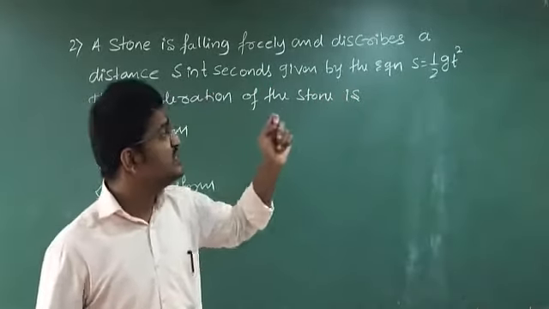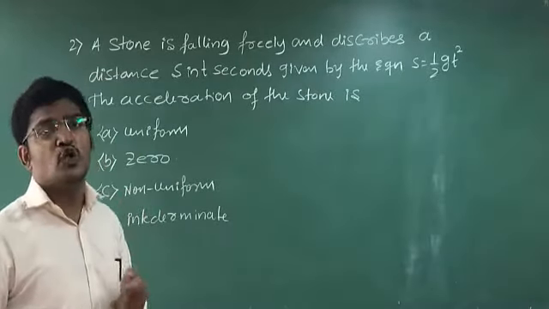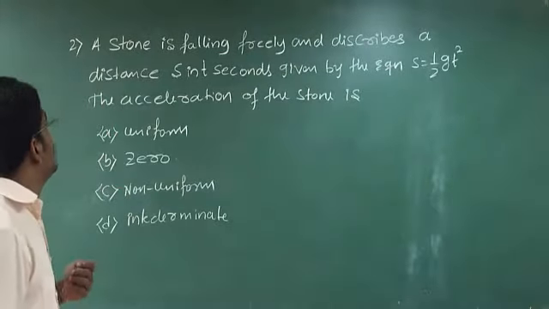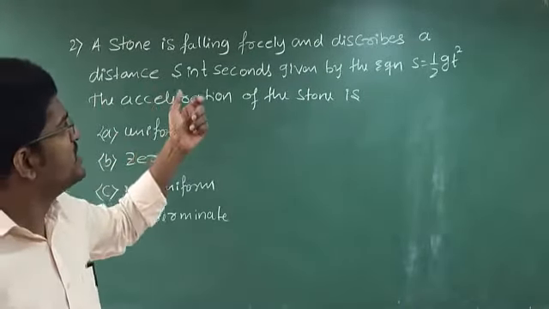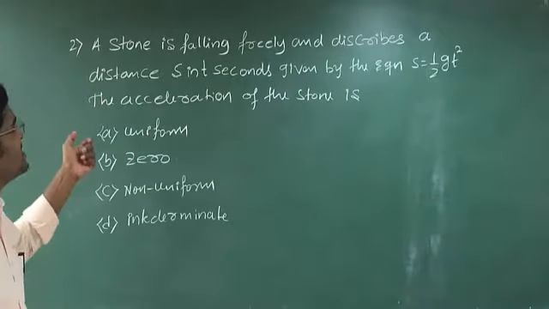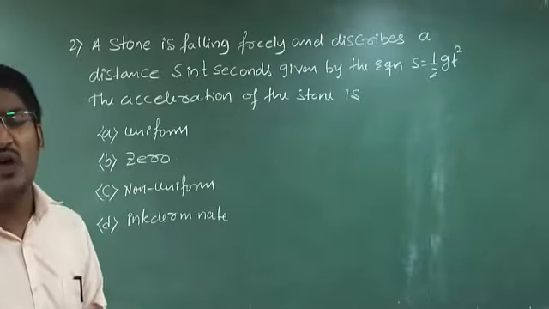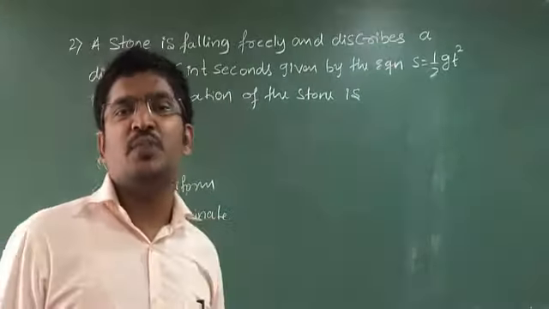to half g t square. The acceleration of the stone is, again they have given the displacement. A stone is falling freely and describes a distance s in t seconds, given by, that means they have given the equation of distance that you call as displacement.